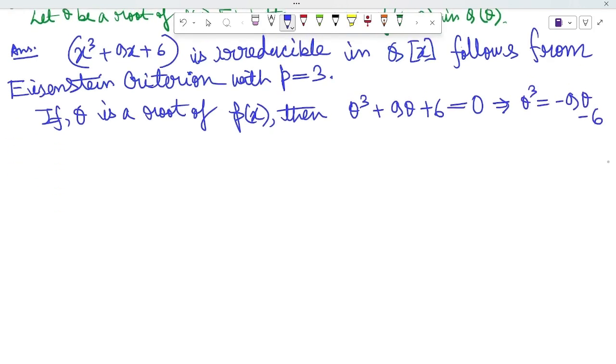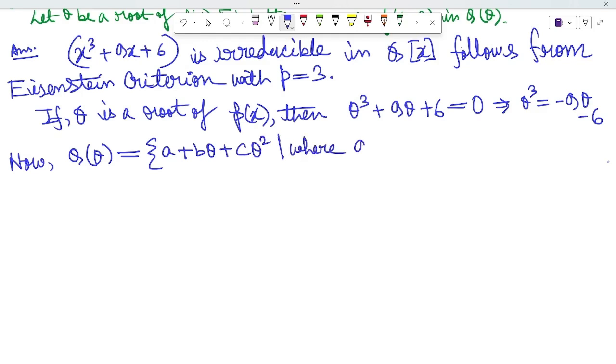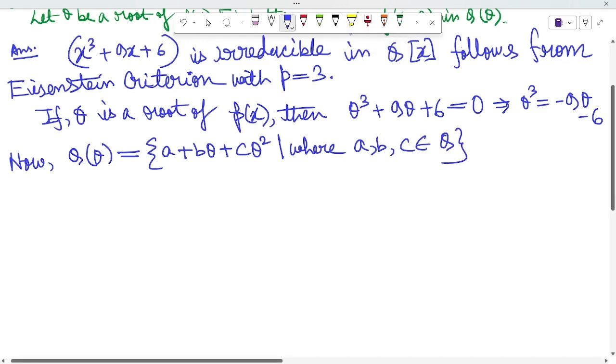Okay. We have seen that Q(theta) is irreducible. So Q(theta) is actually a plus b theta plus c theta squared, of degree 3, where a, b and c are from Q. That we have seen. We have done this.